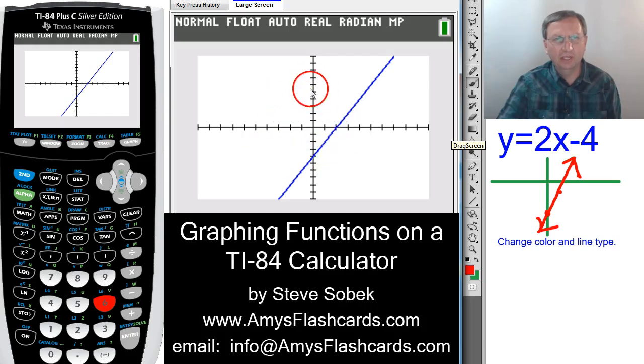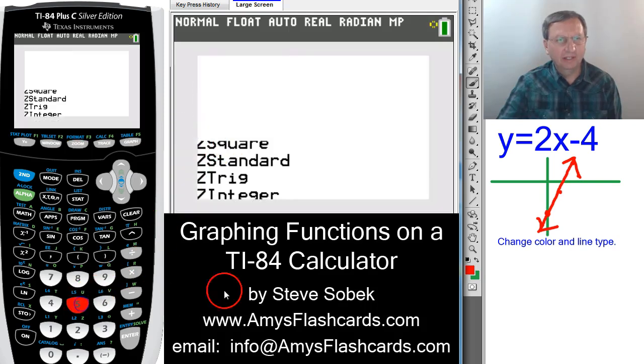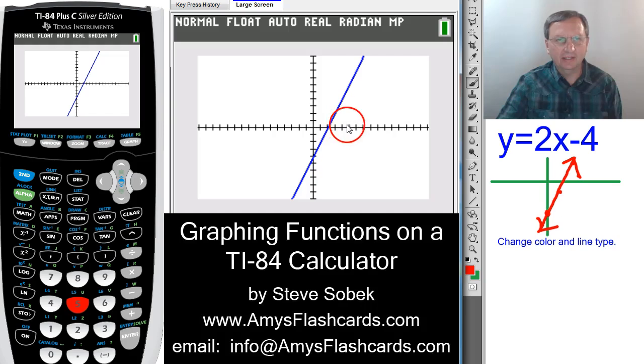See how close the notches are on the vertical axis compared to how spread out they are on the x-axis. If you wanted the calibration to be equal, then we have what we call zoom square. Click on the zoom button and choose number 5, zoom square, and it will increase the minimum and maximum values of x so that each notch is equally spaced as is on the y-axis, and that looks more like a slope 2.